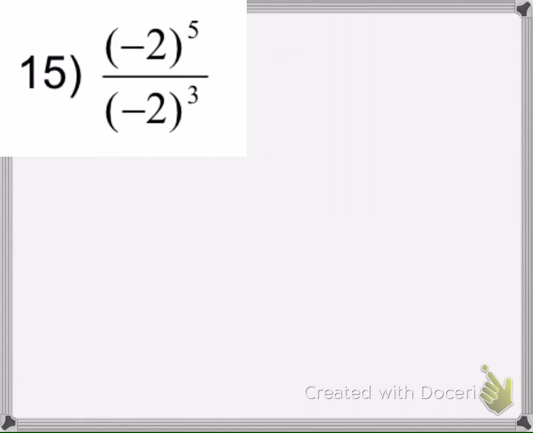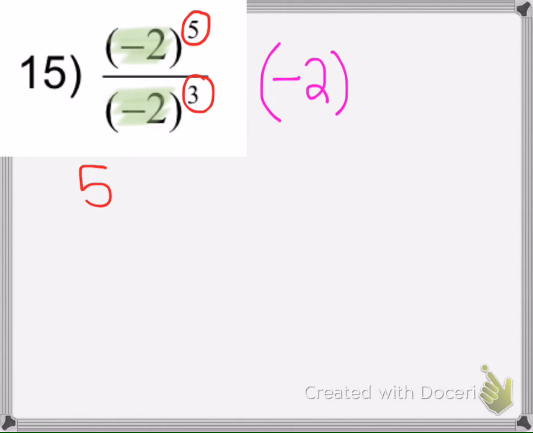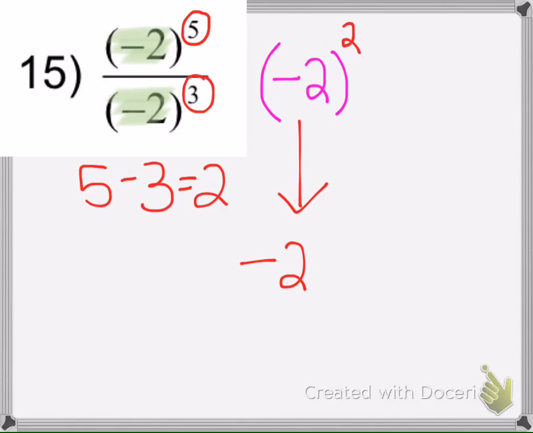Okay, here the base is the same. They're in parentheses. They're both -2, so I'm going to keep it in parentheses. And then I'm going to subtract the exponents. So 5 minus 3 is 2. Then we need to think about it. Now this number is really small. I mean, if we just write it out, -2 times -2 is 4. But we want to practice writing our answers with exponents.